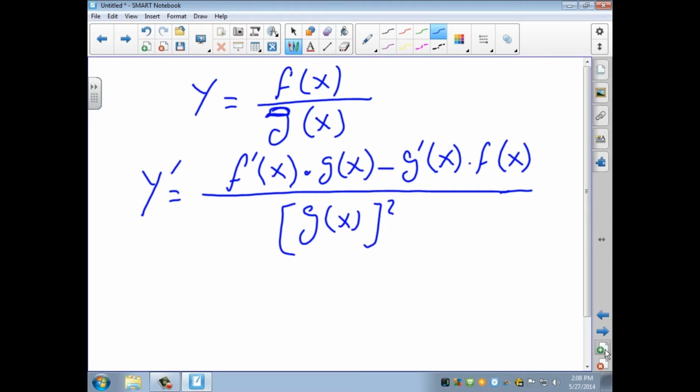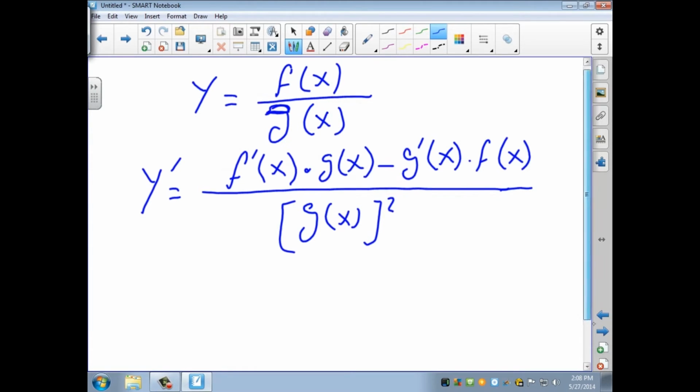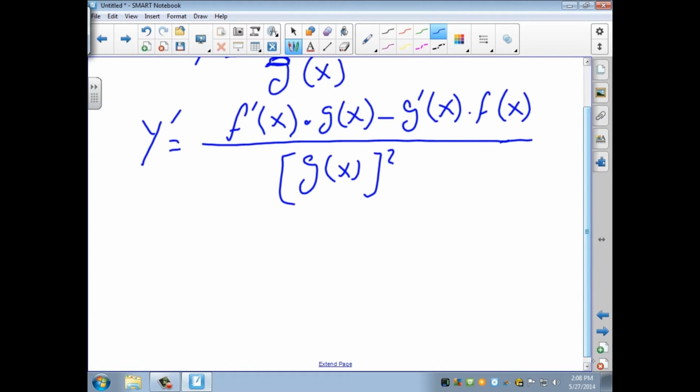By the way, I want to do one other one in just a second, but for this particular quotient formula, problem number 40. You just follow the formula. This is problem number 40, page 654. That's in the review section of chapter 9.